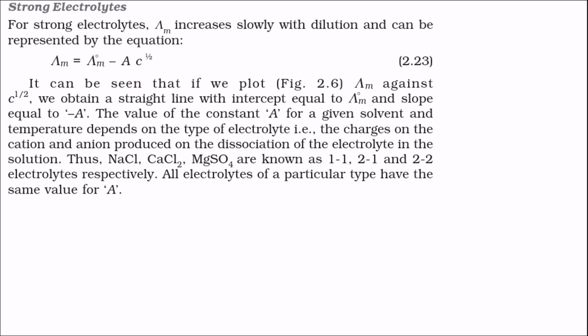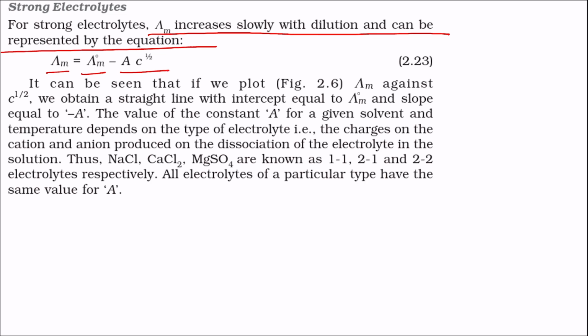For strong electrolytes, molar conductivity increases slowly with dilution and can be represented by the equation: molar conductivity is equal to the molar conductivity at infinite dilution, or limiting molar conductivity, minus A into the square root of concentration.